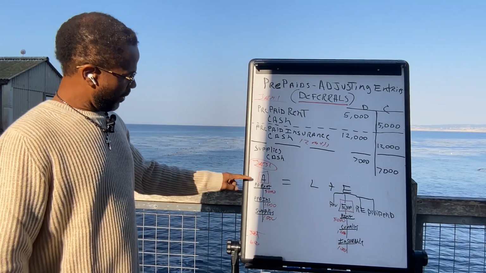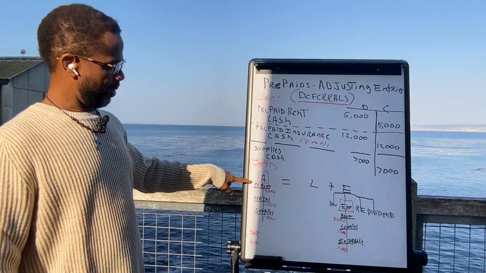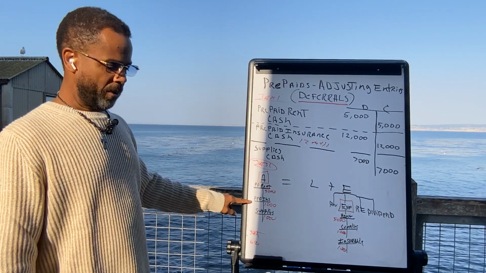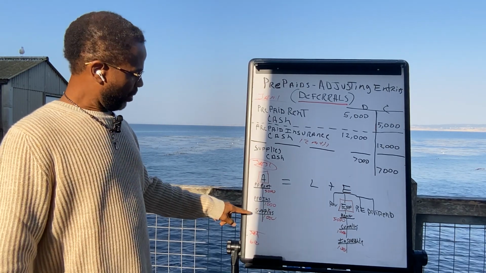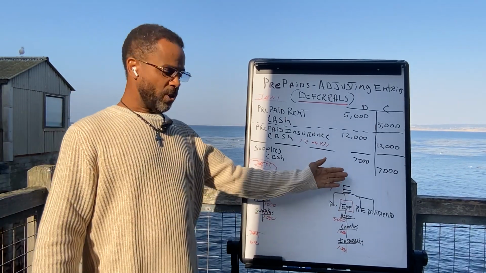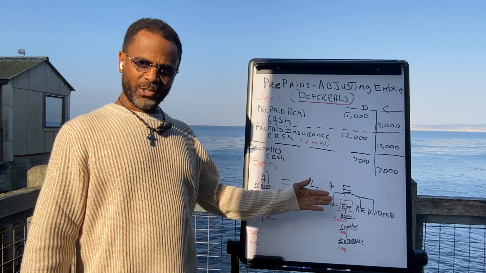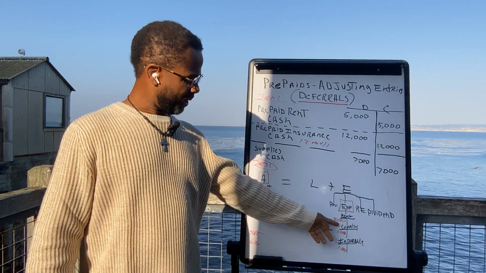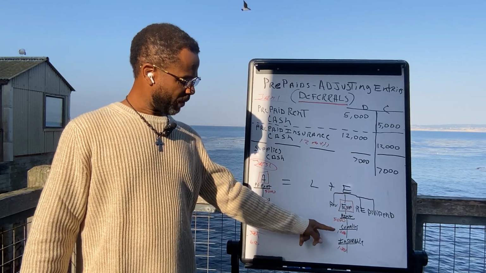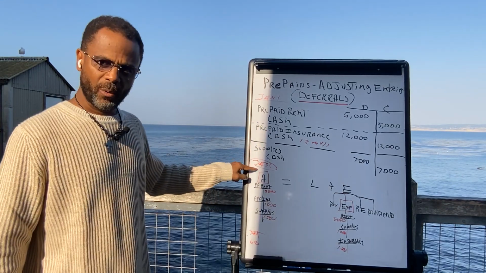So now what we've done is the assets are not overstated anymore, because we reduced prepaid rent by $5,000, the prepaid insurance by $1,000, and the supplies account by $1,000. Now your P&L is not understated in terms of expenses, because you reflected the actual expense in the month of January.